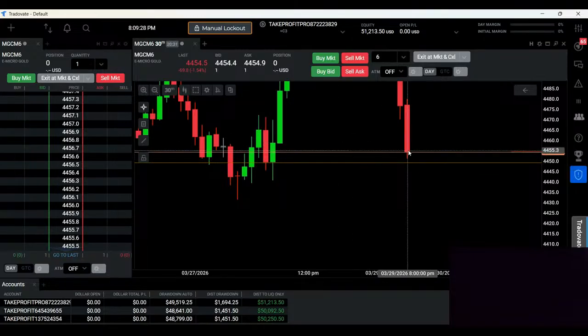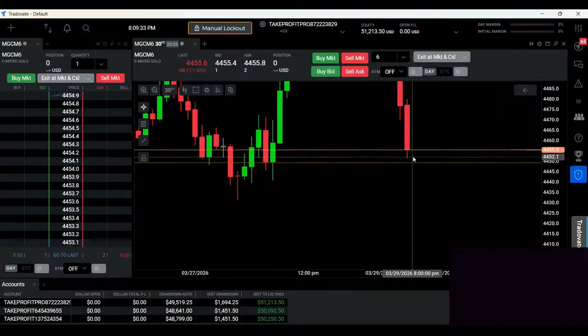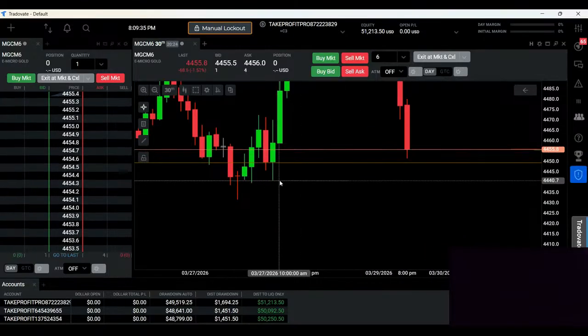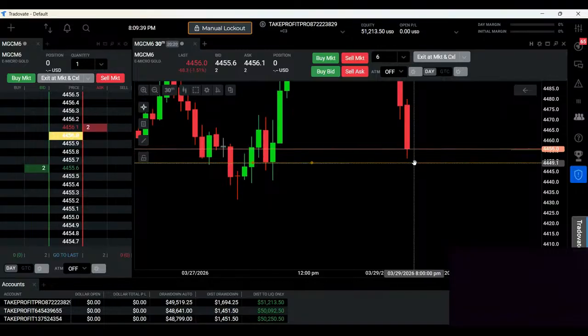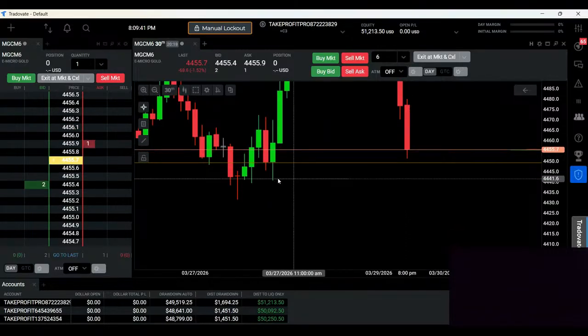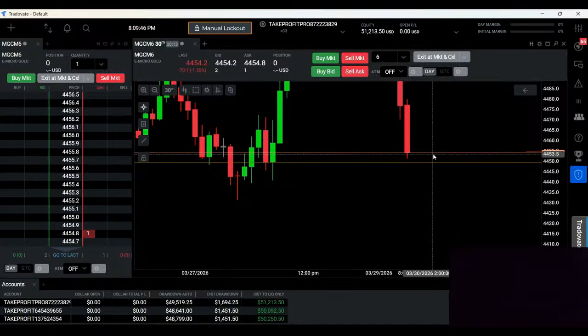So taking a trade off the flip, I would need this candle or even the next candle to come and sweep. So right now we're actually in the target. So I would like another candle now to come and sweep some liquidity. Then I would take the flip.